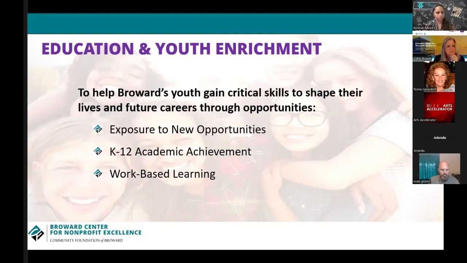Since this has been one of our most popular categories, we're very much looking for more applications under especially our K through 12 academic achievement, which is exactly what that is. It is helping our young people move through the grades and the school system. It could be at private schools, charter schools, or Broward County schools. It doesn't matter.